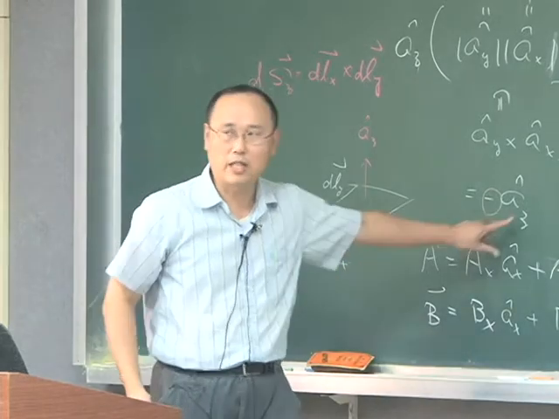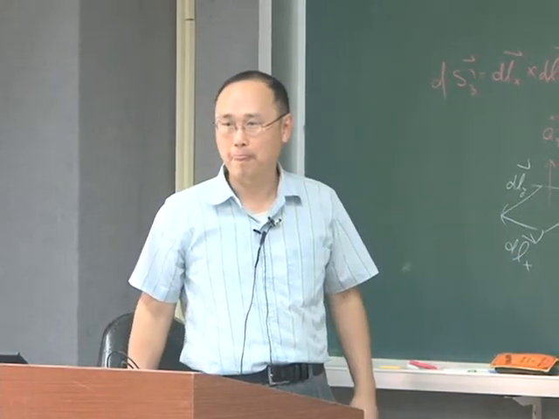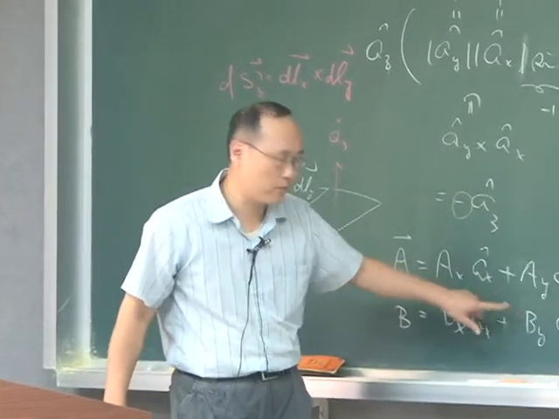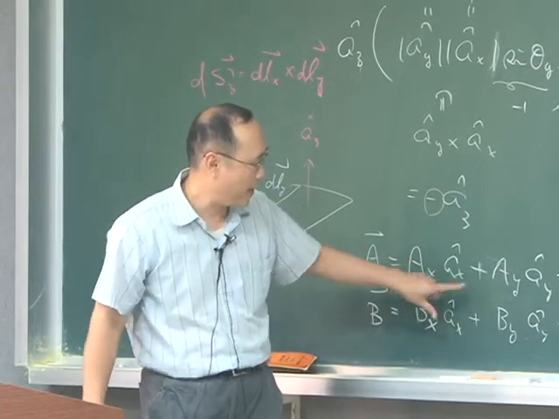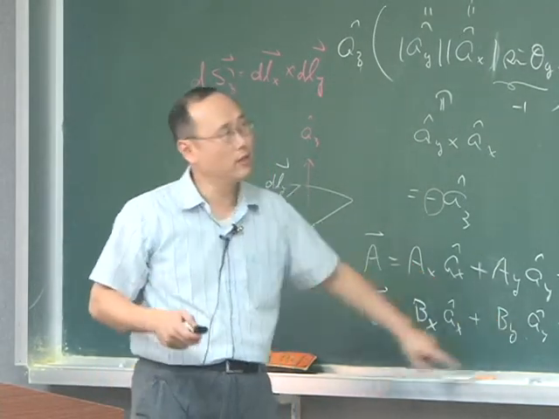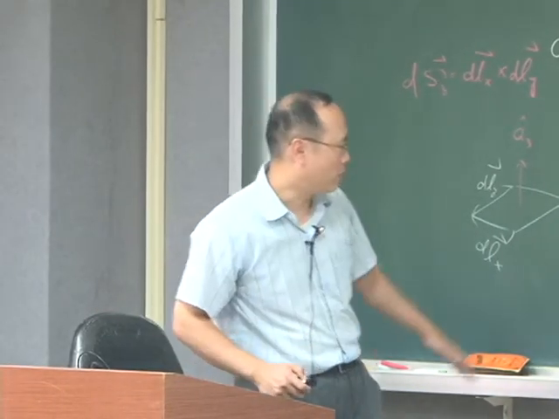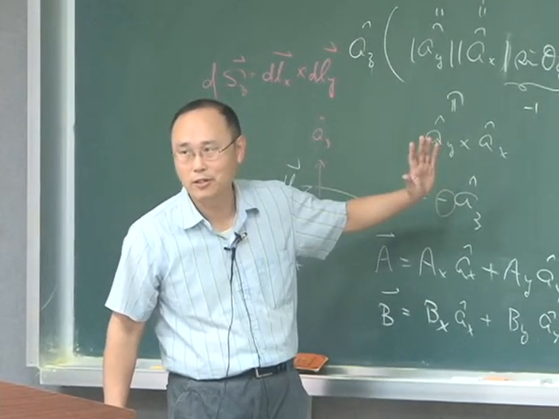Here, with three terms on top and three terms on the bottom, the dot product has nine terms in total. But if you do a dot product for cross terms, ax dot with ay gives you 0. So any cross terms will give you nothing.